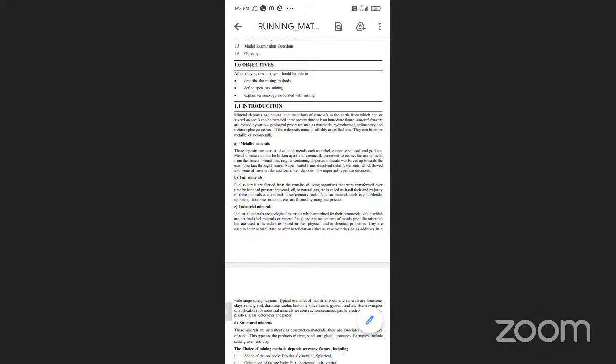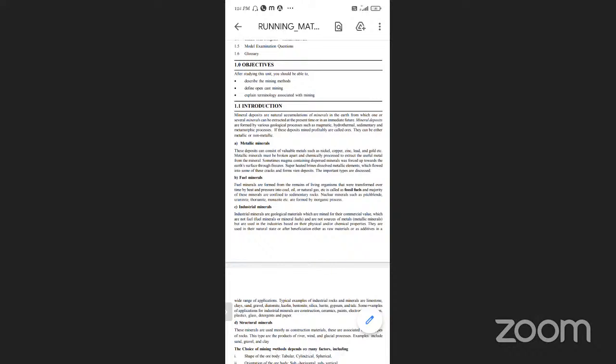It means in the present scenario, whatever deposits we are extracting from the earth crust, that should be profitable. When it is profitable, then we can call it economic importance or economic minerals, simply the ore minerals.